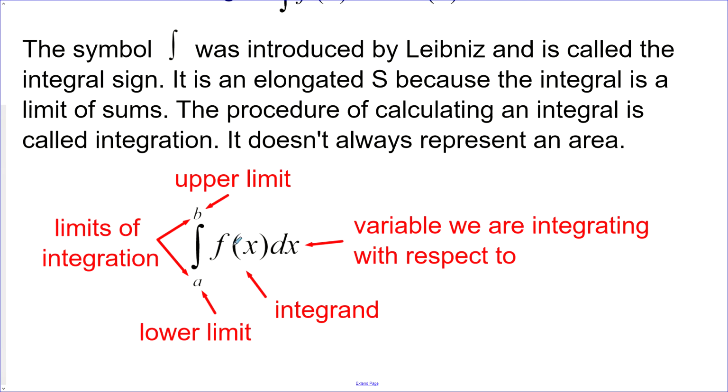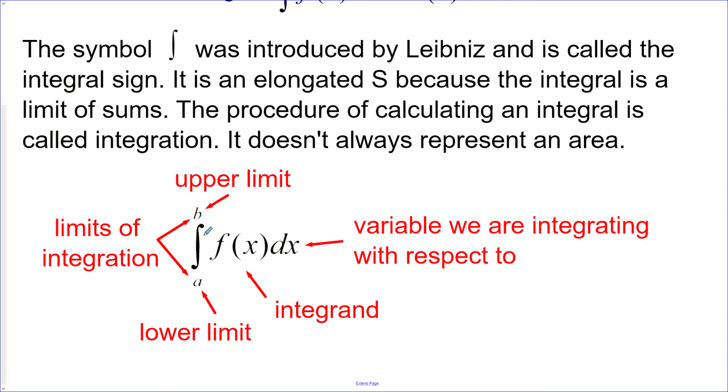Here are the pieces of our integral. So we have the limits of integration. There's our upper limit. Remember, it's the one on top. There's the lower limit. It should be a smaller number. There's our integrand. And this dx is part of the integral, so you can think of it as the end of the integral.